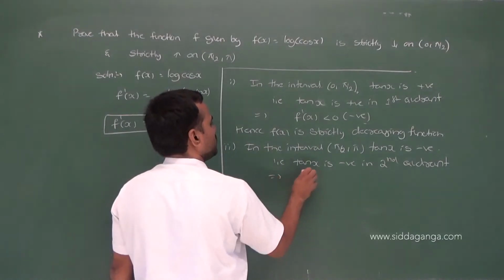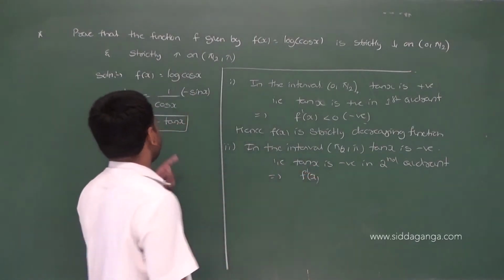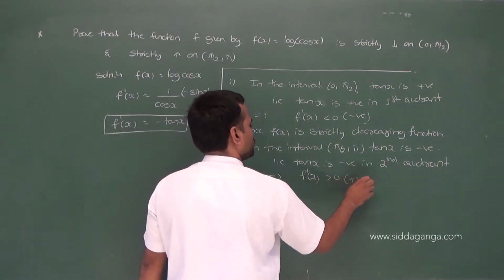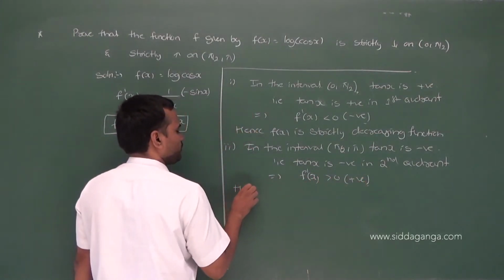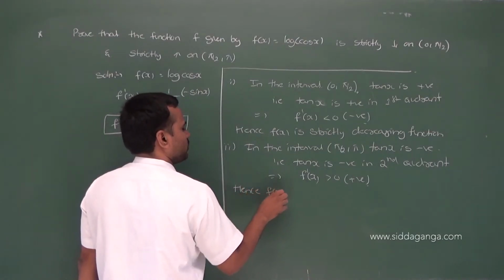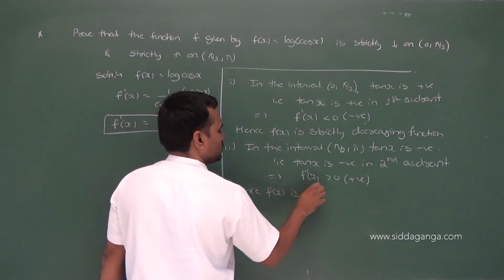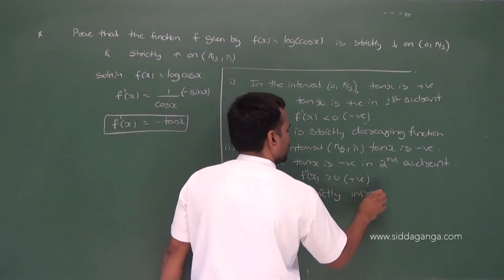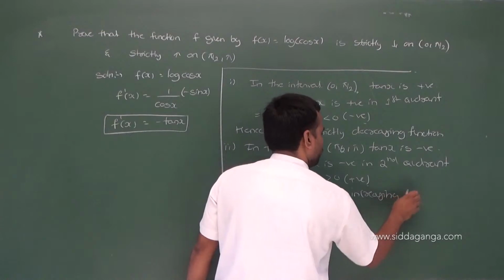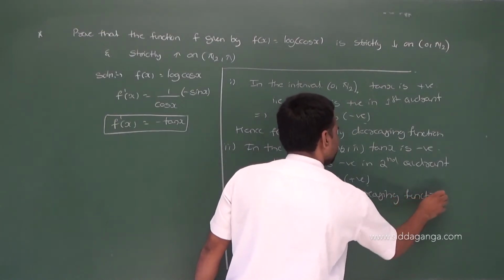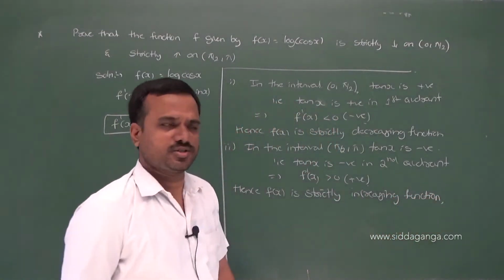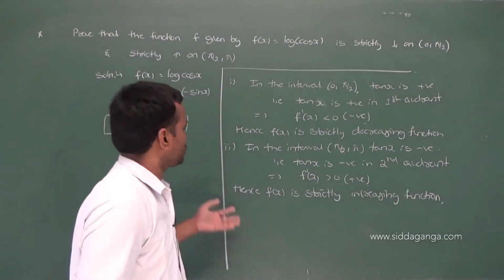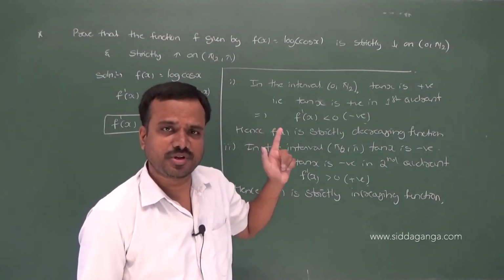That implies f dash of x, see, observe here, negative into negative is positive. Greater than 0. Hence, f of x is strictly increasing function. Same type of problem what we discussed in the previous problem.